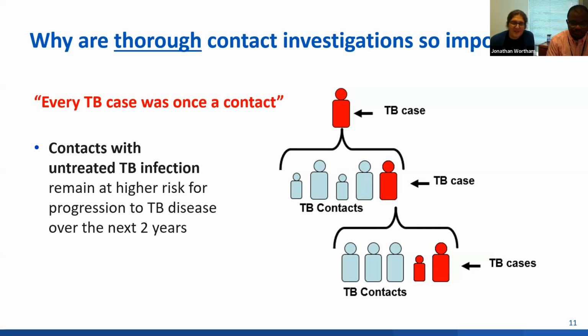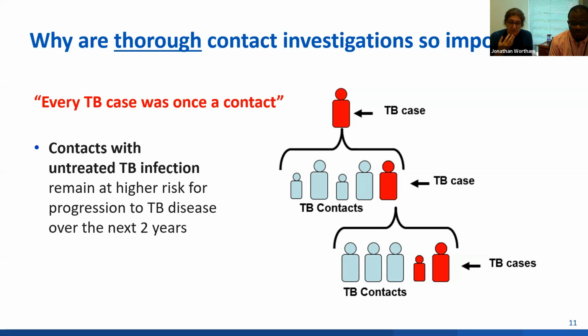I would defer to whatever your state TB program has as their guidance, or if you're in a county or jurisdiction where there's local authority who's already made that decision. So much of this depends on resources. The 2005 guidelines from CDC for contact investigations do give you latitude not to have to do a contact investigation if it's a smear negative non-cavitary case.